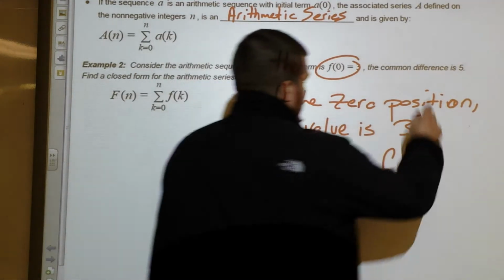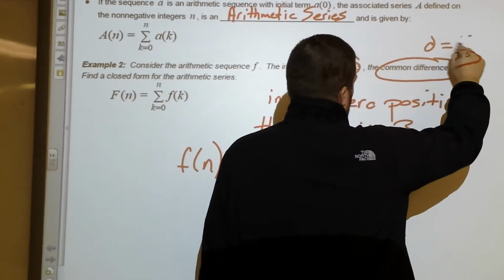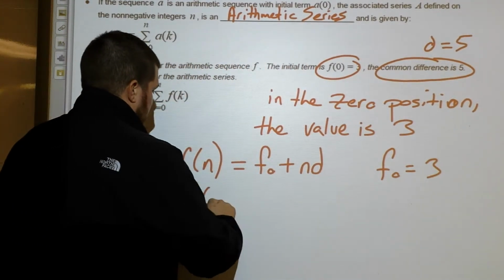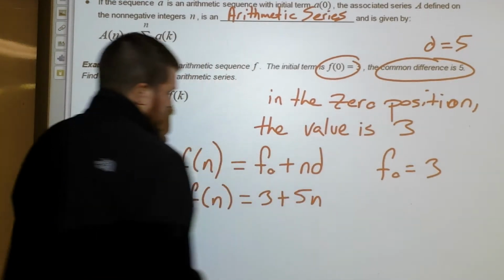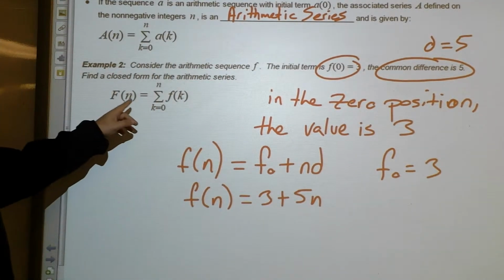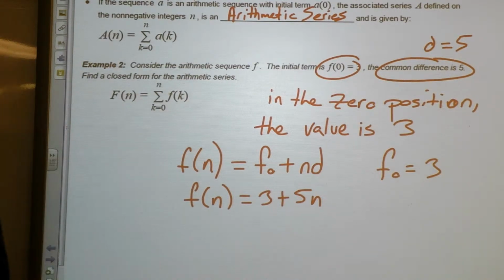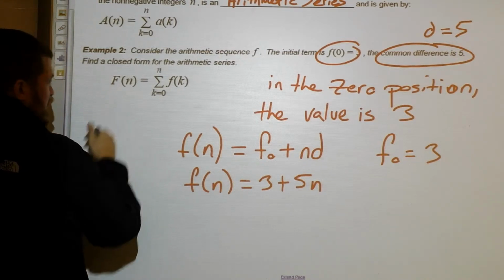The common difference is 5. So d equals 5. All right, so now we know f of n equals 3 plus 5n. What we want to find is the sum of f of k. So f of n, capital, means we're looking for this series.